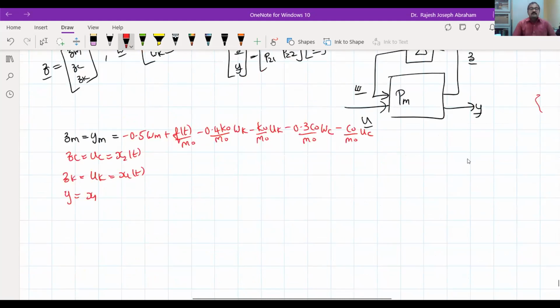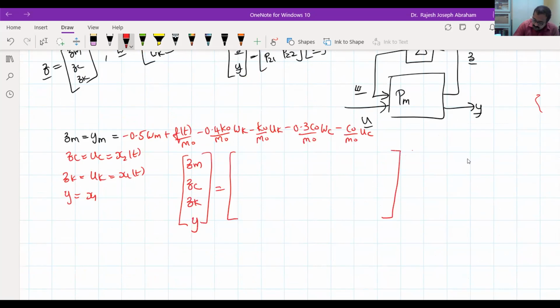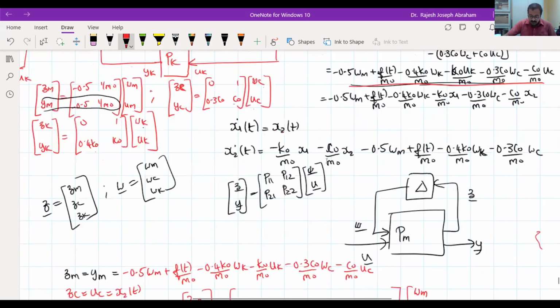So now we can arrange this in matrix form. This is Zm, then Zc and Zk. And finally y equals something into what? Into Wm, Wc, Wk, f of t. These are the four exogenous inputs here, right?